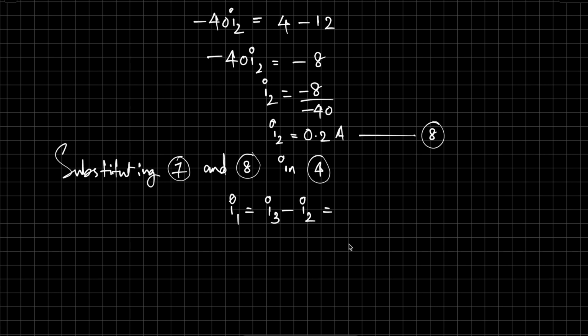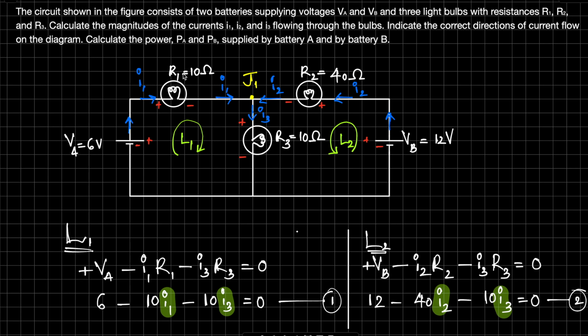I3 is 0.4, I2 is 0.2. So I1 equals 0.2. Equation number 9. We found the current flowing through resistor 1, I1, resistor 2, I2, and resistor 3, I3.